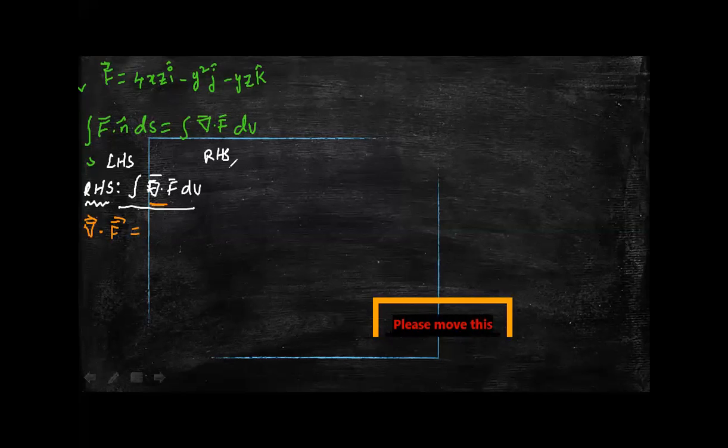So what are we going to get here? Tell me. I dot I, so I'm going to write again, if you wish, dou by dou x plus j dou by dou y plus k dou by dou z, dot 4xzi. You said plus, right, Upender?